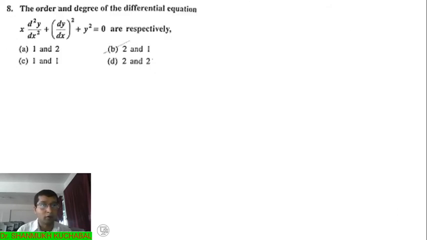Example number 8. The order and degree of the differential equation. So here it is already simplified, it is a polynomial equation. Further we observe that there are no fractions or decimals in the expression. So the highest order is, dy by dx first order, d square y by dx square second order.